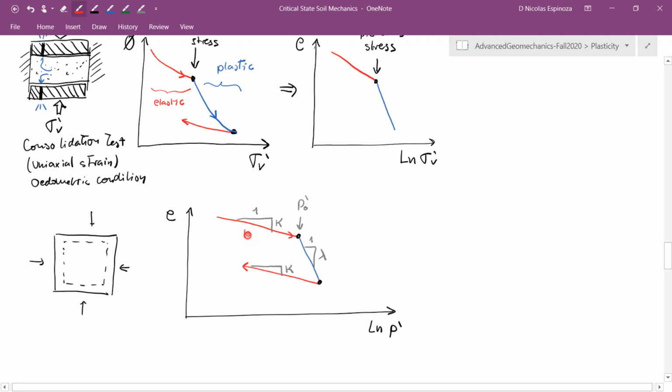All right, let me add a few things here to complete my drawing. Notice that we have also used the convention in which the unloading path is the same as the loading, at least for the stiffness in the elastic strains, and this is going to be plastic loading.